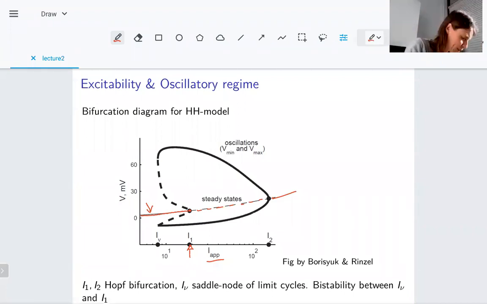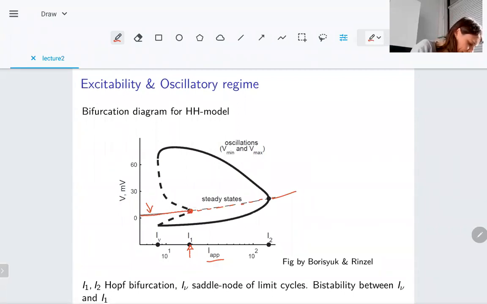In the middle, this transition in the stability of the equilibrium point occurs via a Hopf bifurcation, a subcritical Hopf bifurcation. And actually, there is an unstable periodic orbit that dies in this bifurcation.